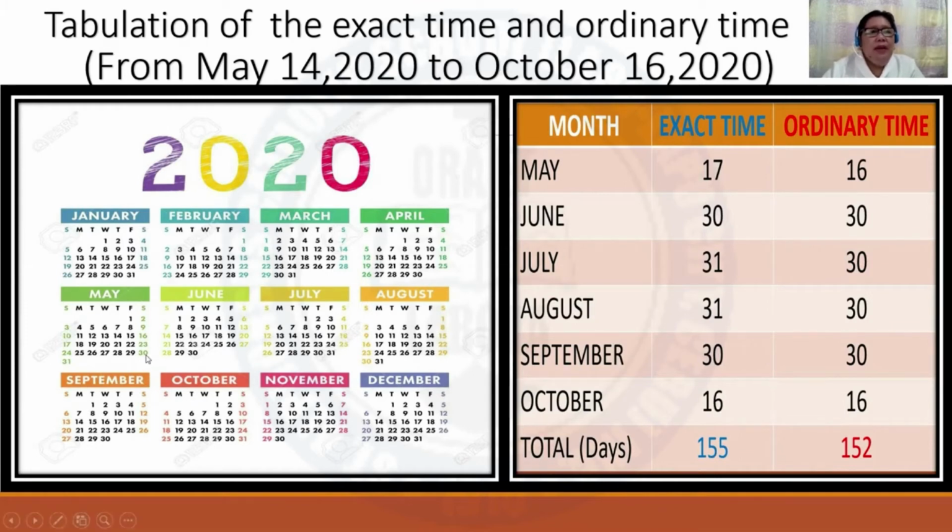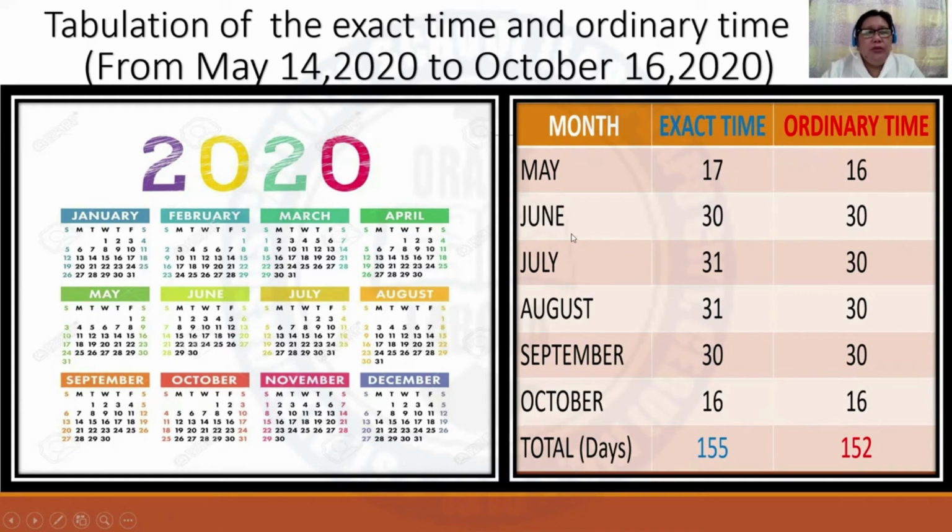So from May 15, it's 1, 2, 3, 4, 5, 6, 7, 8, 9, 10, 11, 12, 13, 14, 15, 16, 17. So 17 days. And then for ordinary time, it is only 16 days because May is until 31 and ordinary time is good only for 30 days. So that is only 16.